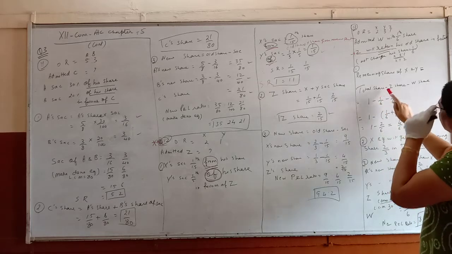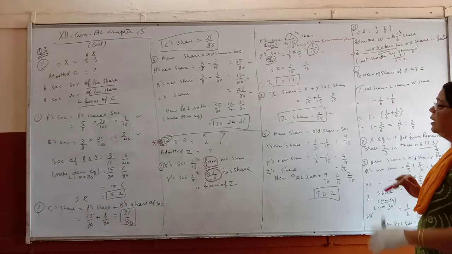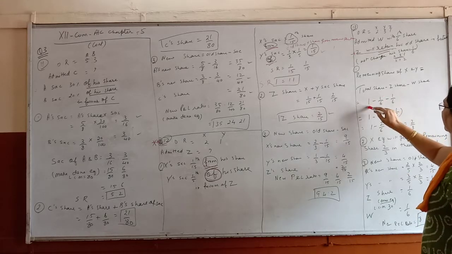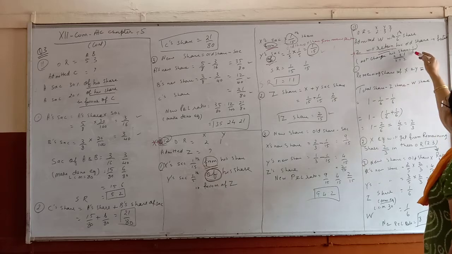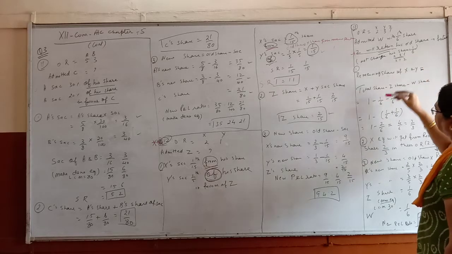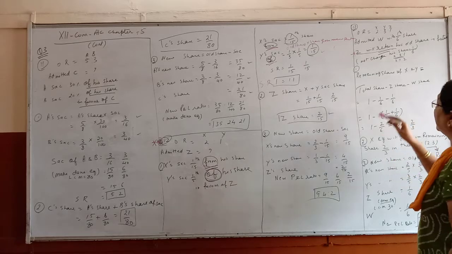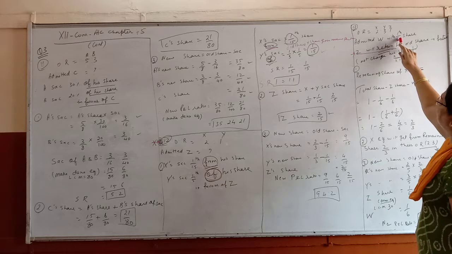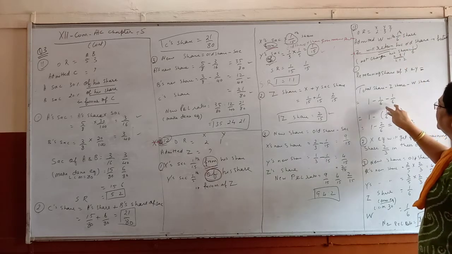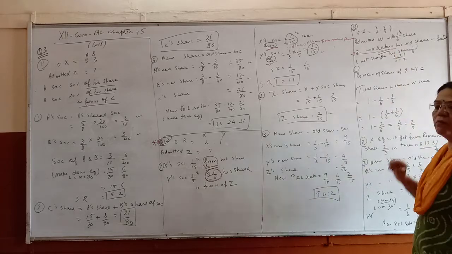Total share 1 minus Z's share. Z is going to keep the share the same, that is 1/6, so minus 1/6. Minus W's share, W is the new partner's share. These two you will subtract, then the remaining part will be of X and Y.